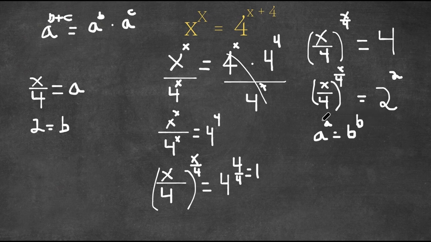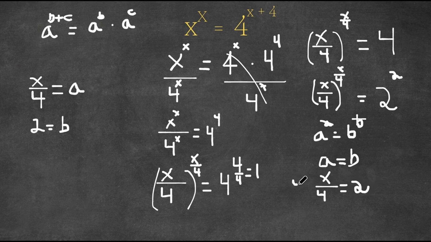And that means we can simply cancel these exponents out, and this would result in a equals b. And as we know, a is x over 4, right? And b is 2. So now, as you can see, we have a simple equation.